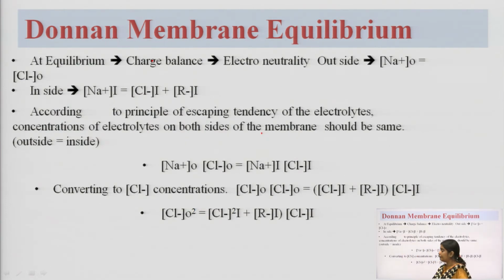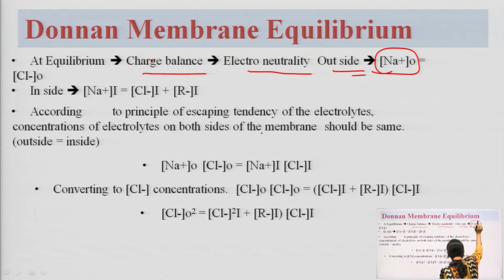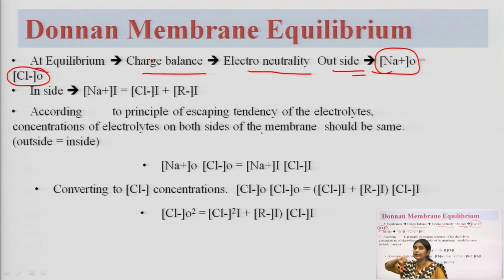So, at equilibrium, at charge balance, due to electron neutrality, outside they will be same, as here the concentration of sodium ion is equal to the concentration of chloride ion. We are expressing it in terms of concentration. So, in place of number we can say the concentration of sodium ion will be equal to the concentration of chloride ions present outside.